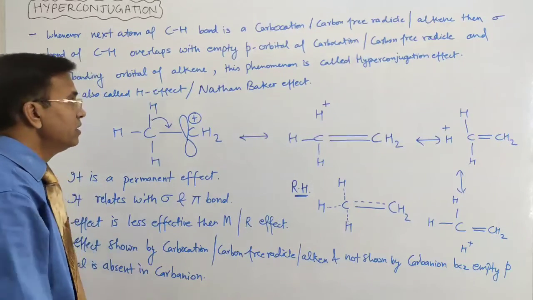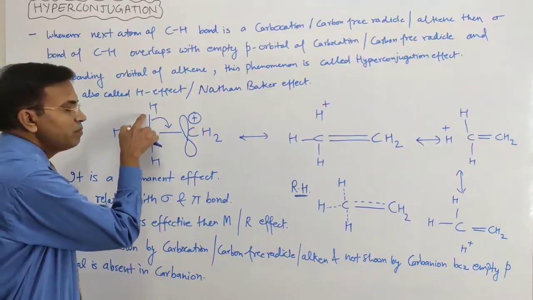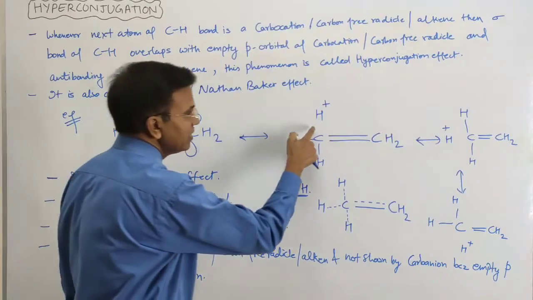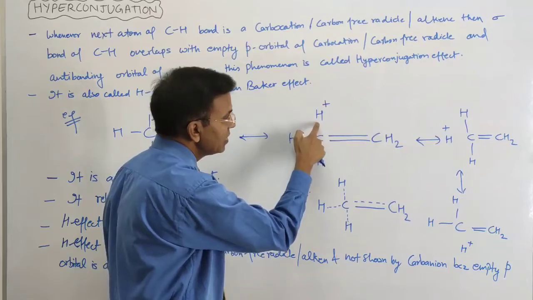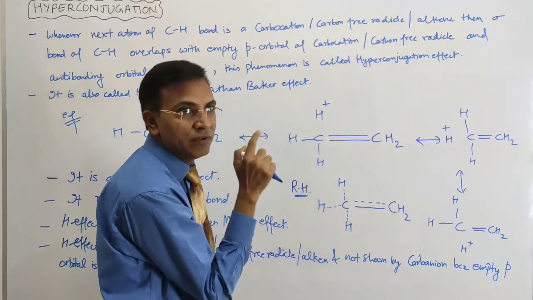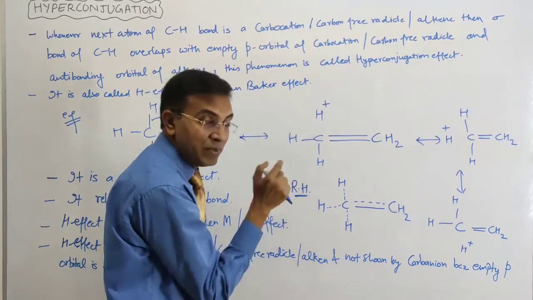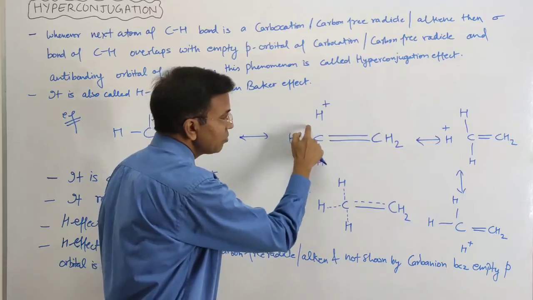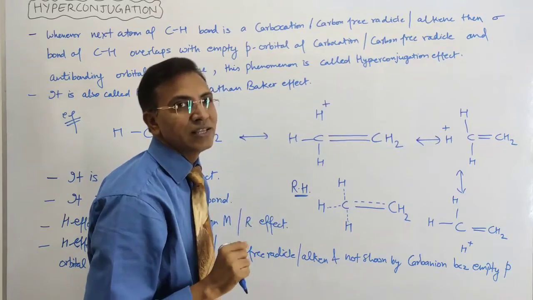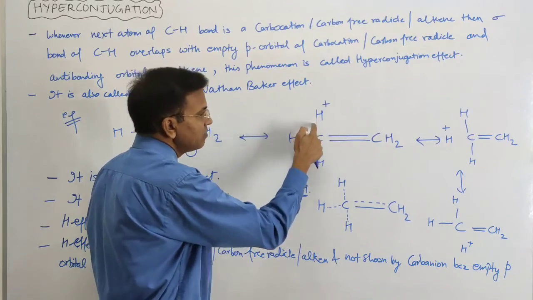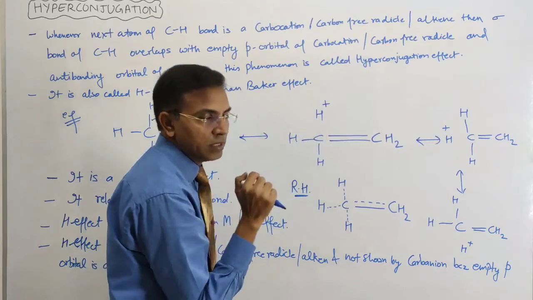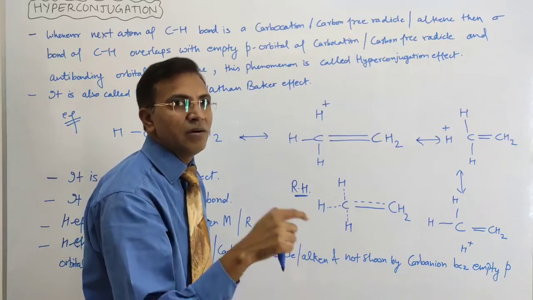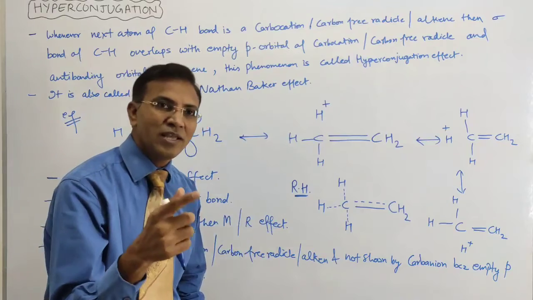In this, the sigma bond breaks, and in the resonating structures there is no CH bond between the carbon and hydrogen. That means this is also called no bond resonance, or the sigma bond is converted to the pi bond. So it is also called sigma pi resonance.